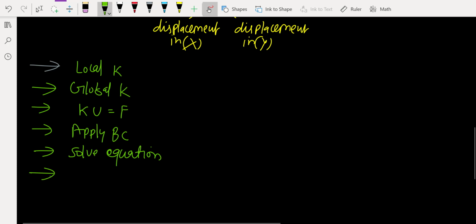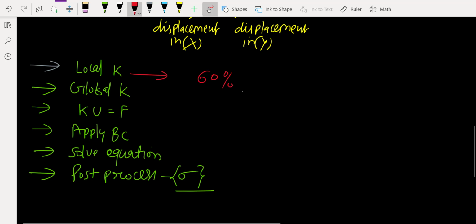Once you solve the equation, then post-process means finding out the stress and whatever information you want to extract from this. So it can be noted that in 2D cases, almost 60% of your work will be on finding out the local stiffness matrices.